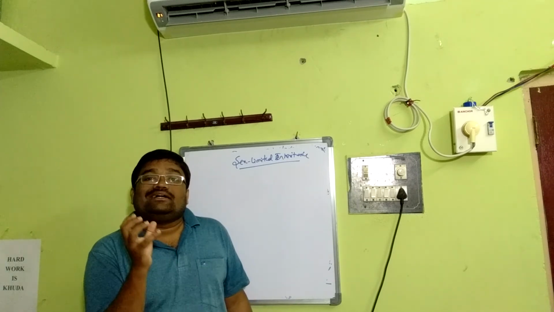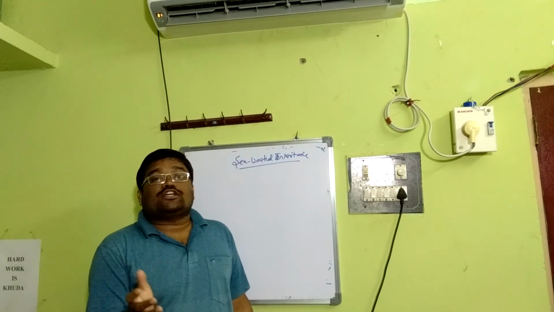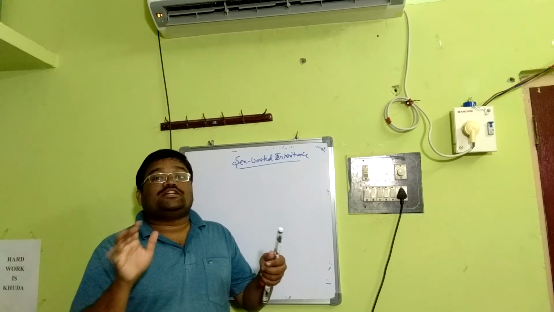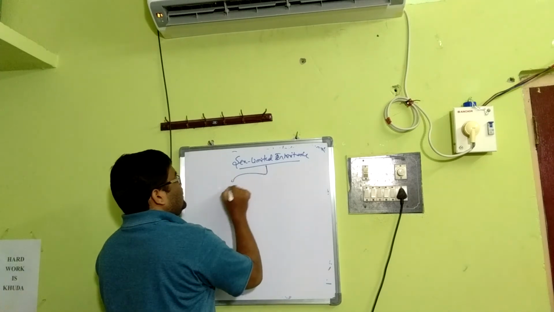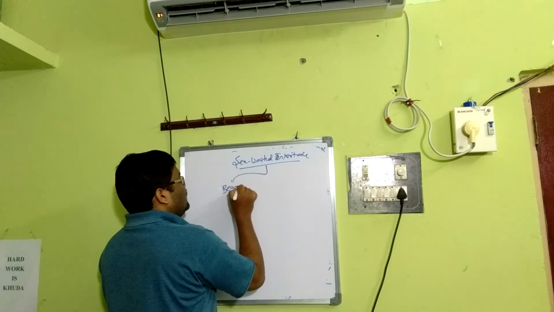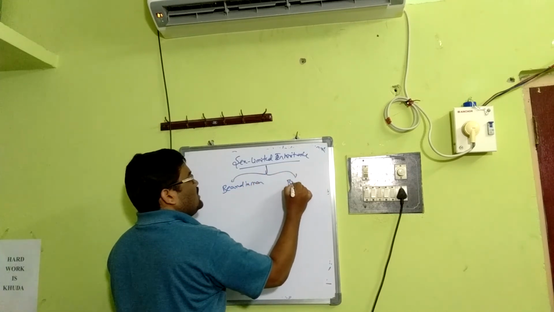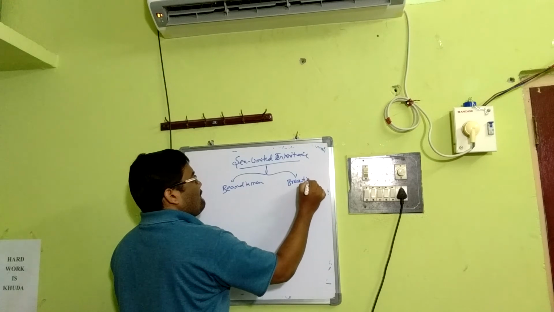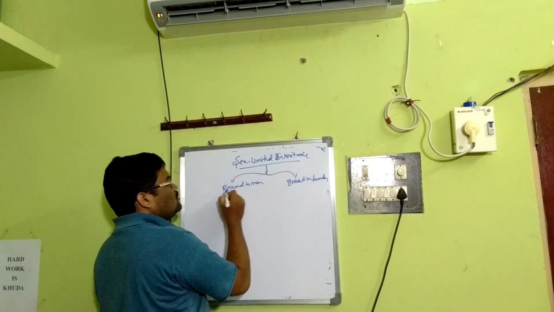For example, beard development in man, breast development in women, and milk secretion in women. They are all sex-limited genes, that means sex-limited characters: beard in man, at the same time breast in females.